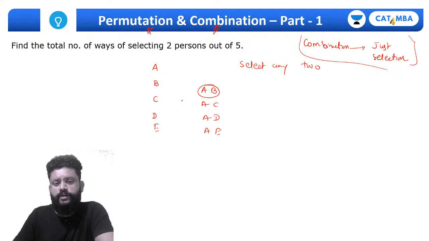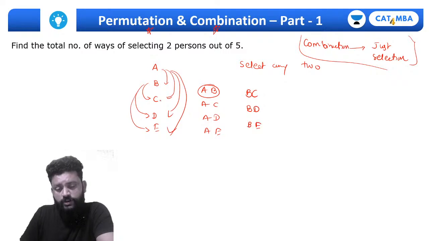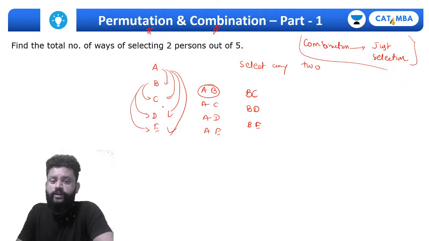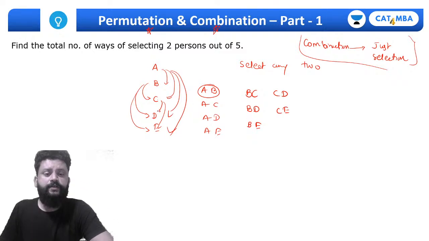BA has already been counted with A. So with A we formed 4 groups. Then with B, we can have BC, BD, BE, so 3 groups are possible. Then for C, since A and B are already done, we have CD and CE, 2 more pairs.